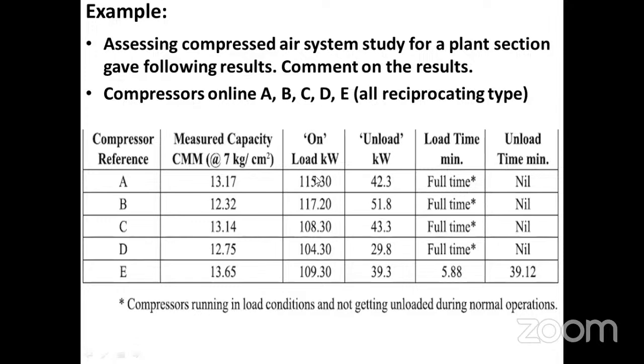When they are operating at full load, 115.5, 115.3, whereas for unload it is 45.3. Load time is full time. It is running for full time, and the last one is loading for 5.88 minutes, unloaded for 39.1.